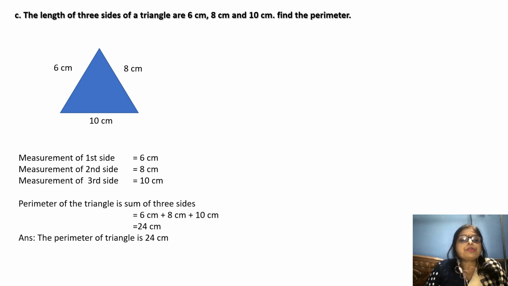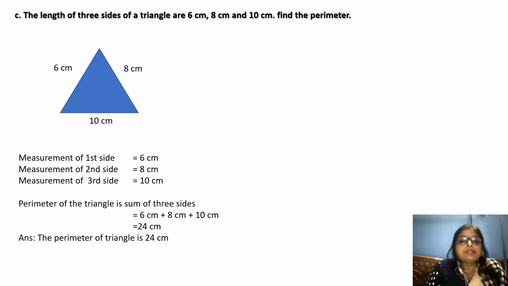Now, next, the lengths of three sides of a triangle are 6 centimeter, 8 centimeter and 10 centimeter. Find the perimeter. So first you draw the triangle and write down the measurement here. First side 6 centimeter, second side 8 centimeter and third side 10 centimeter.